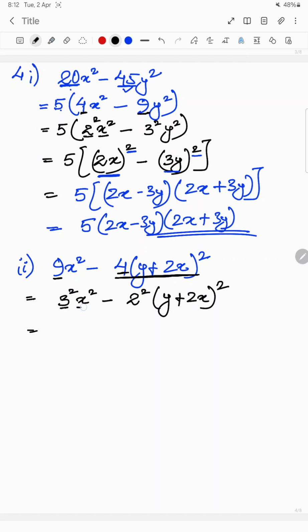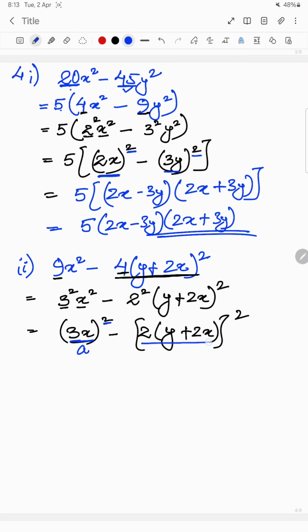So 3 and x I can write together as 3x whole square minus 2 into y plus 2x whole square. So you see that I have 3x as a square, 2 into y plus 2x as b, and here I have square.